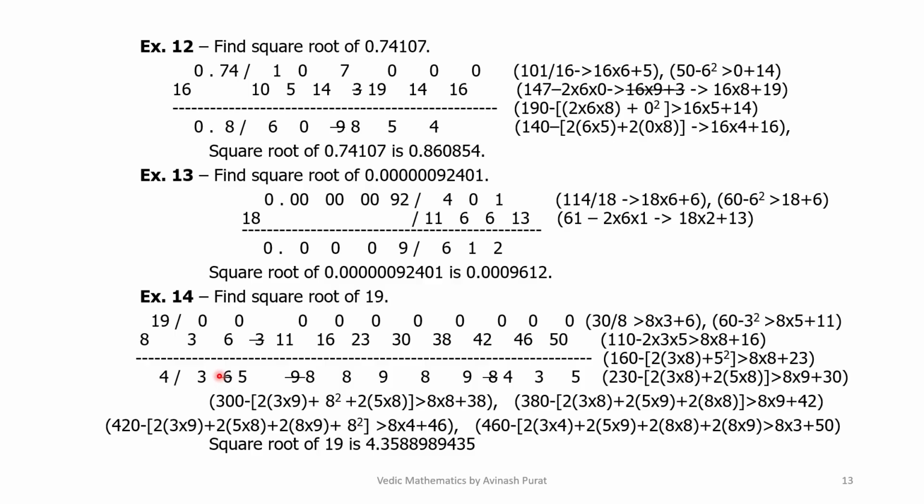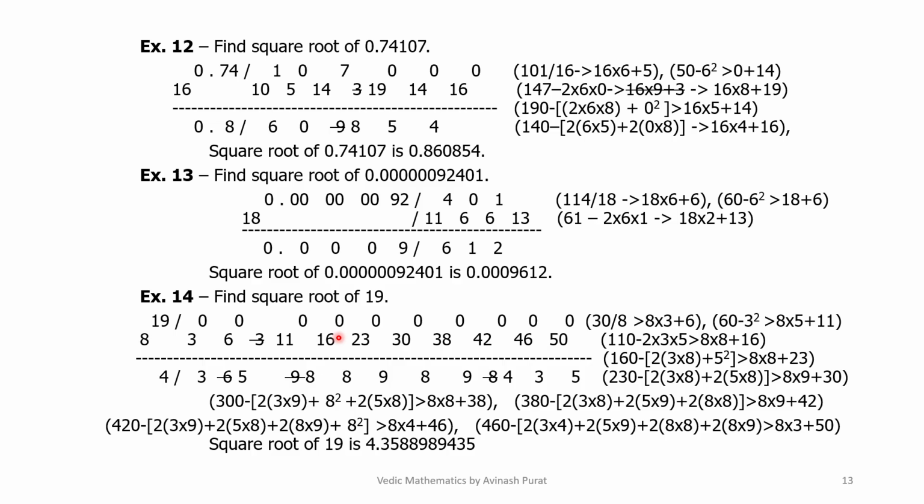Hence the quotient taken is 5 and 11 is the remainder. Now the next dividend is 110. 2 into 3 into 5, that is 30. 110 minus 30, that is 80. So we take 8 as the quotient and 16 as the remainder.